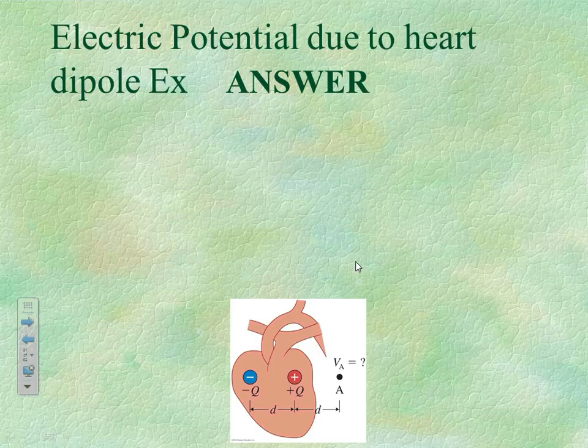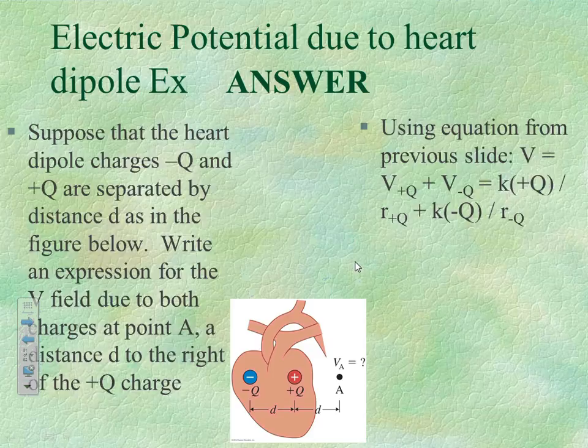Okay, so hopefully our equation is going to be the total voltage is just V sub positive Q, as in voltage from the red guy right here, plus V sub negative Q, that's from the blue guy right here. So my equation is K times the big charge giving off the field divided by the r.